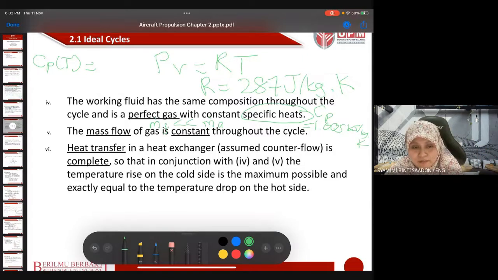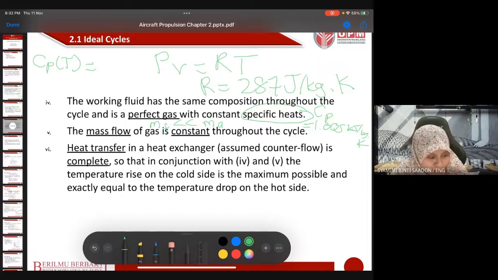It's not that there's no fuel, or that the fuel is zero, but it is negligible compared to m_a, the mass flow rate of the air working fluid. So that's why we can assume that the mass flow of gas is constant throughout the gas turbine cycle, through the compressor, turbine and all of that.